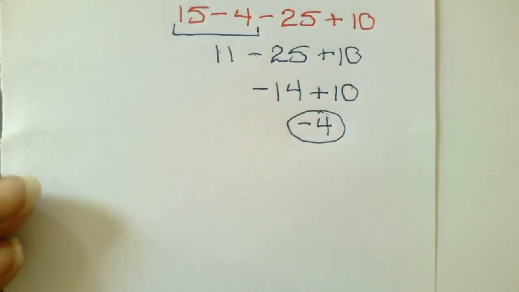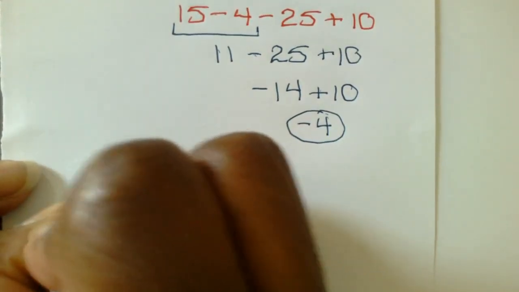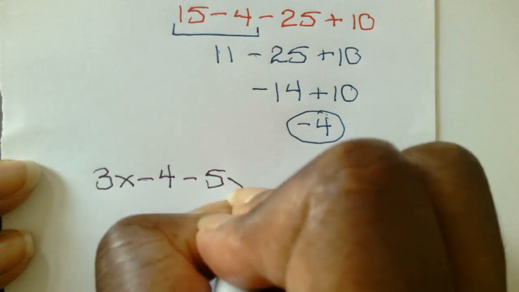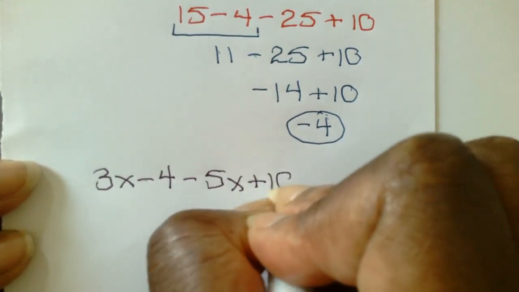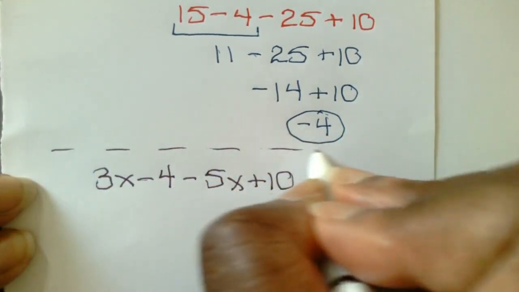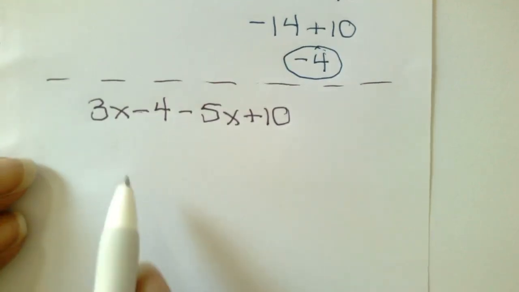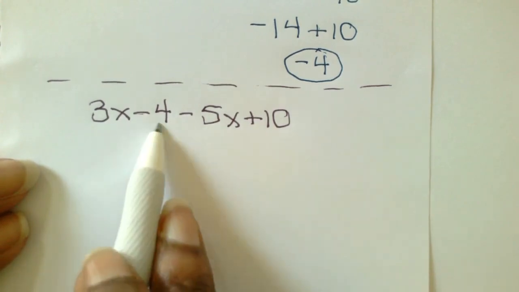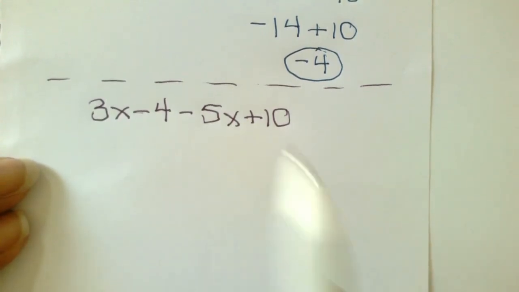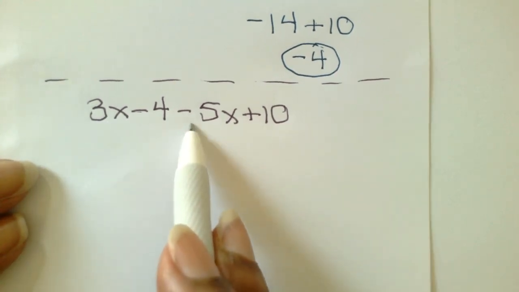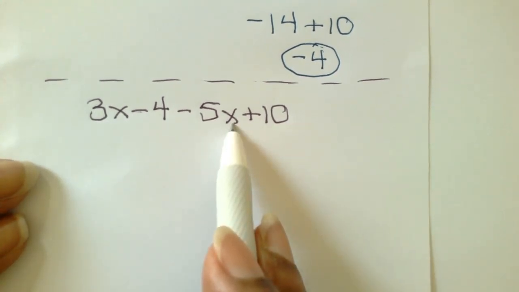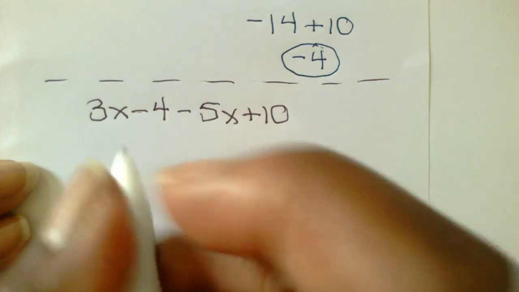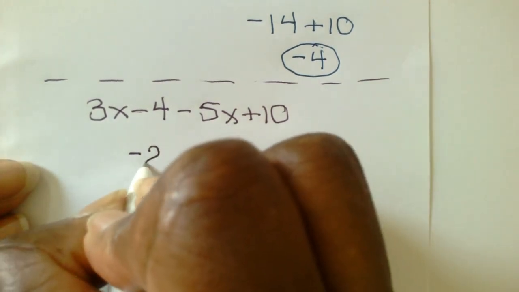Another way, we had our 3x minus 4, our minus 5x plus 10. This is just another way of doing it. We have two sets of like terms, so we can combine those. 3x plus negative 5x, hear how I'm saying it, will give me a negative 2x.